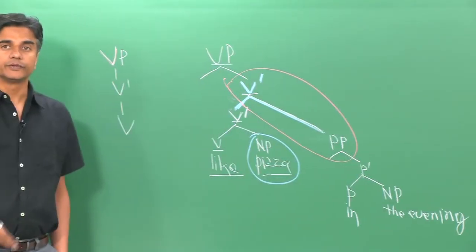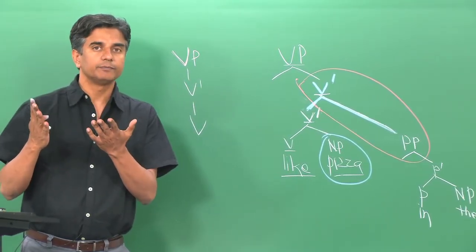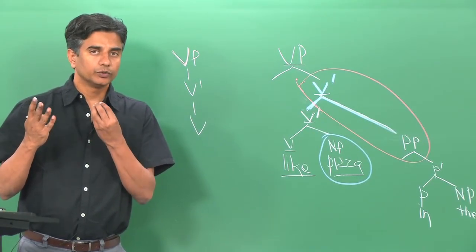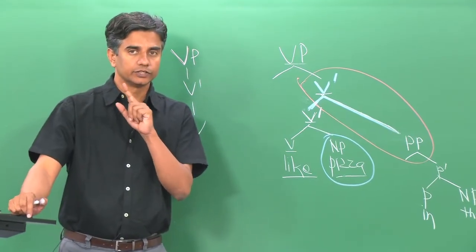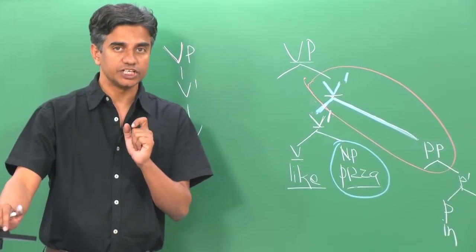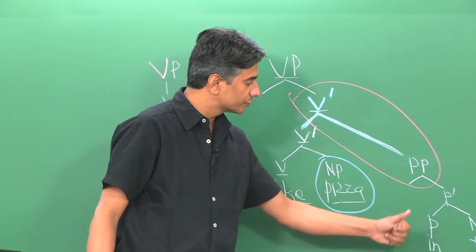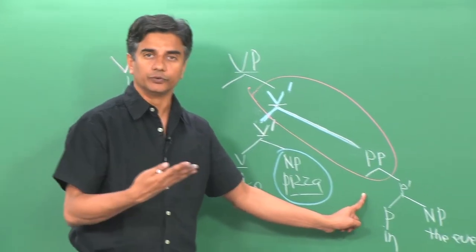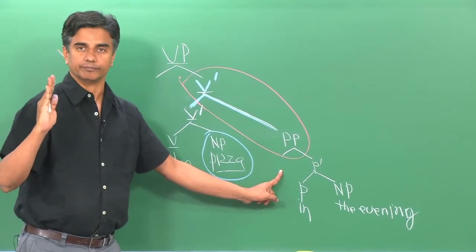This PP, you can see the same thing on the screen that you have seen before. You may see minor differences in the drawing of the whole tree. On the board, I am trying to show you each and every node. On the screen, we have tried to simplify some of them.